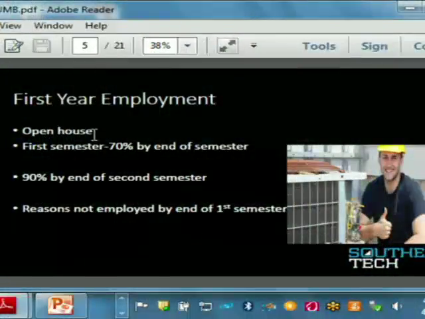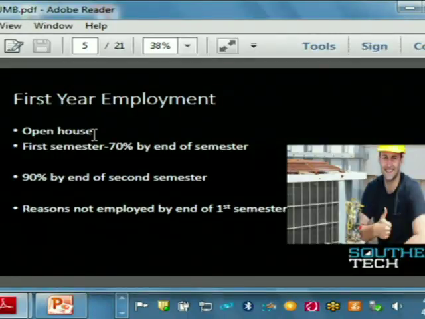For first year employment, basically, about September we'll have an open house, and we invite a bunch of contractors to come out. We usually cook them some food, and have the contractors mingle with the students and talk with them about their expectations of what they're going to be expected of in the field.